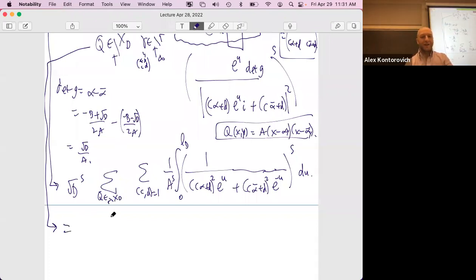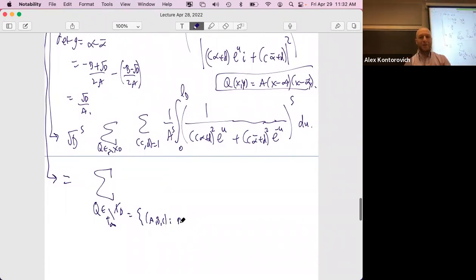Will give us a sum over Q in XD mod gamma infinity, right? If you remember what this was, it was the ABCs, with B squared minus 4AC equal to D. And B is determined mod 2C, or equivalently, because there's a complete symmetry, B is in Z mod 2A.